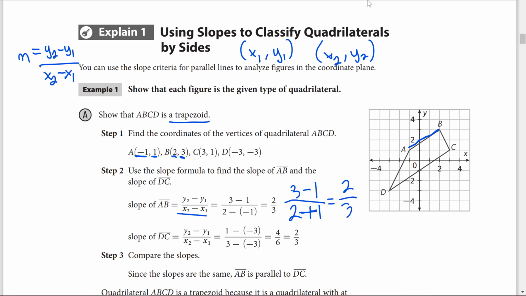So 2 plus 1 is 3. So the slope of that line is 2/3.